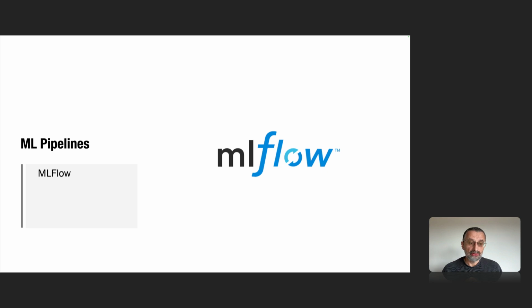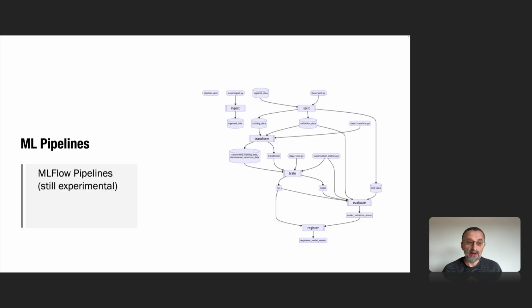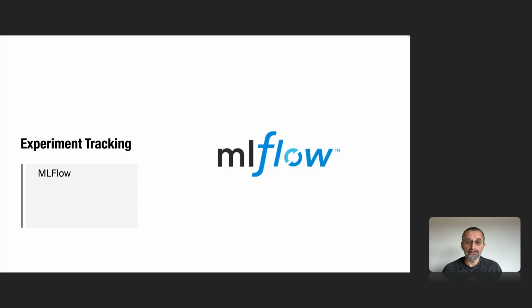You can also use MLflow for pipelining, but it's still not that major, in my personal opinion, compared to Kedro. It has some MLflow pipelines. It's still an experimental form, but if you are experienced with MLflow, that's obviously also another possibility.